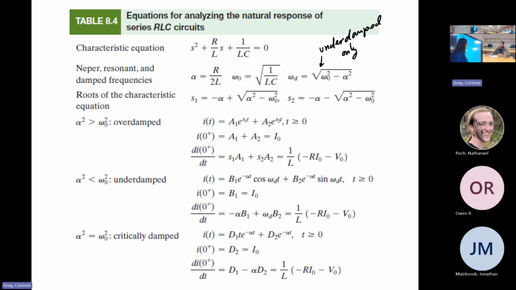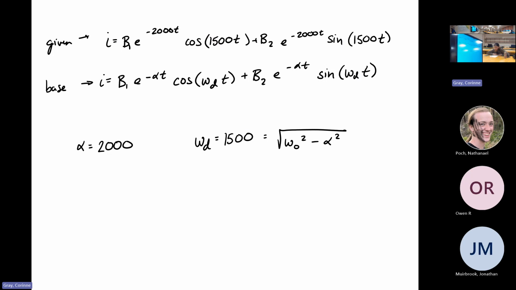It's only showing up in alpha. Do I have L? No. But I am going to need that equation, so we're going to write that down. Alpha is equal to R over 2L.